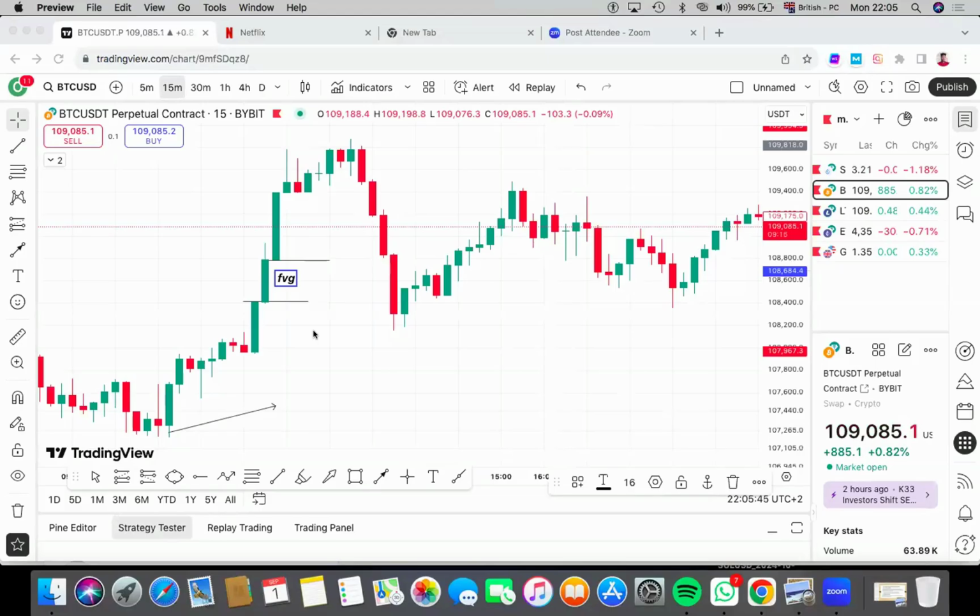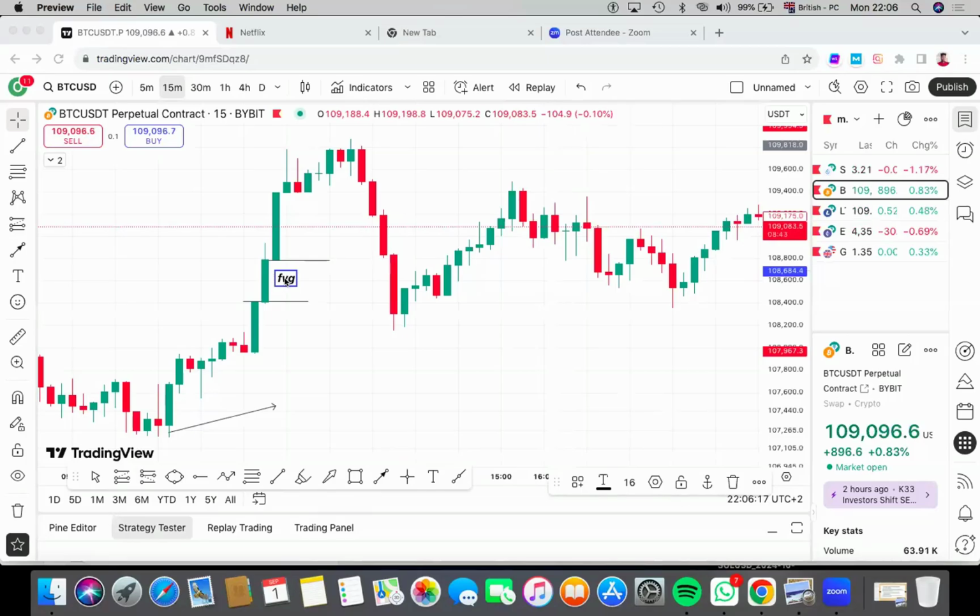But it's one of those confluences that you have to see. So first you spot your FVG, your fair value gap, or your imbalance. In this case, it's an FVG because the gap between these two candles is very small, it's tiny. But if the gap was big, up to this one, it's an imbalance.